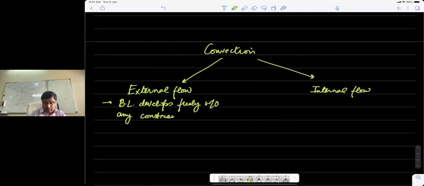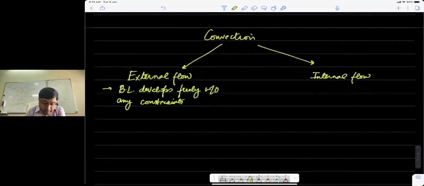So it's like flow over a flat plate, right? If you have a flat plate and the plate is infinitely long, then the boundary layer will keep growing. It will not stop, it will not say that it has reached a certain value and should stop. The boundary layer will keep and keep growing. So the kind of external flows that we will deal with would be, for example, flow over a flat plate.